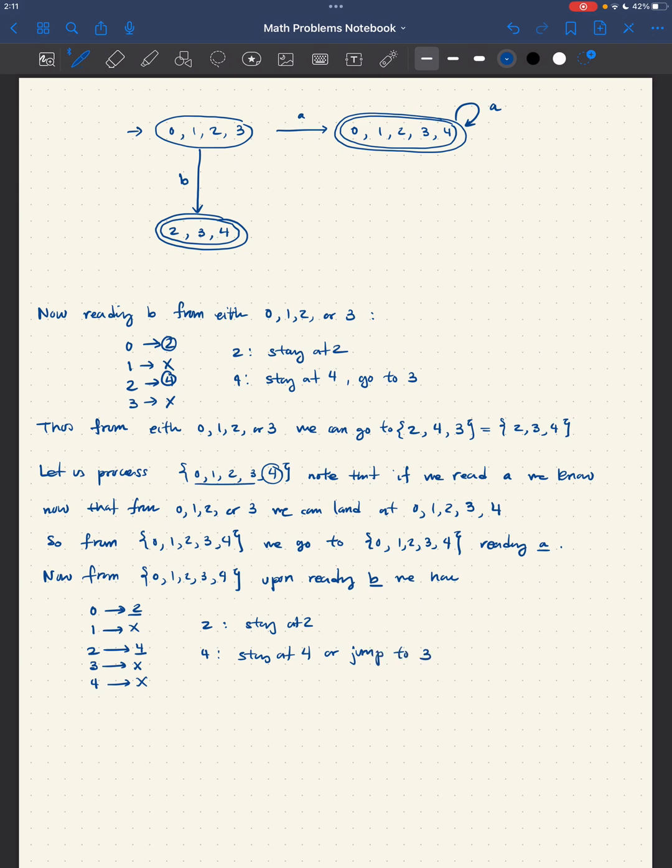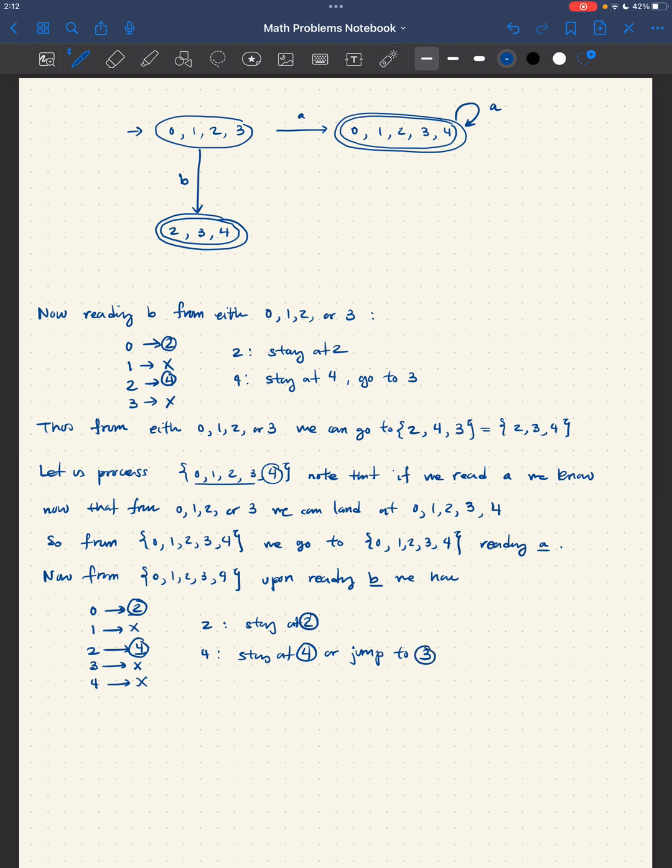Let's summarize all of this information. Upon reading B, we can go to 2, to 4, stay at 2, stay at 4, or jump to 3.